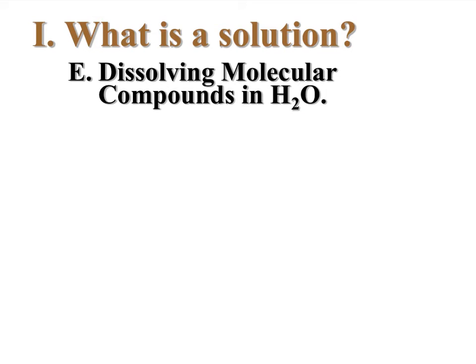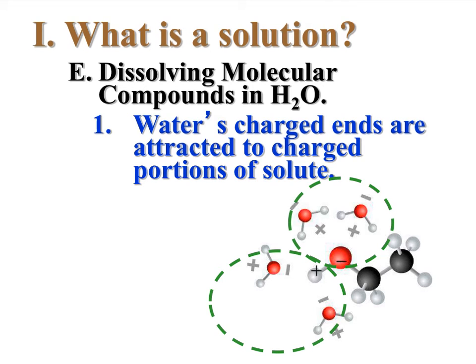Now, water dissolving molecular compounds in H2O. That's a little more. It's one addition to what we've already discussed. Not a great big deal. When water dissolves something, when something gets into solution with water, if it's going to do it well, it has to have at least one part of it be charged.